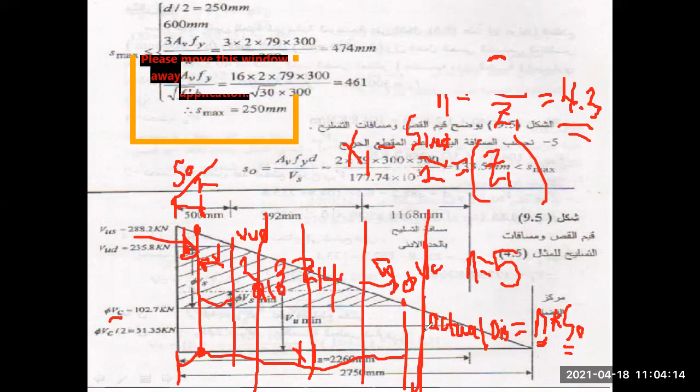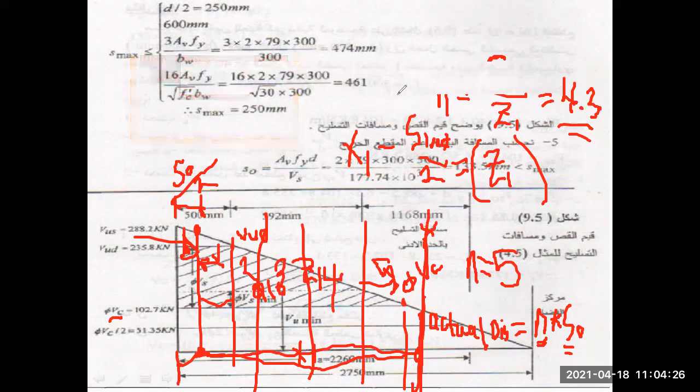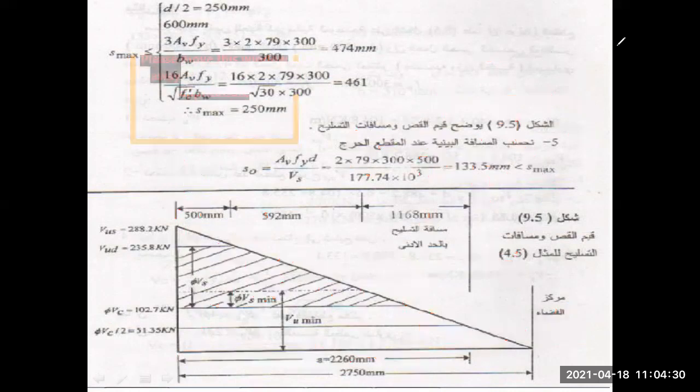So the last stirrup would be at this location, beyond the zone that we have established. If you understand this one, that would mean we've understood how to place this steel reinforcement.